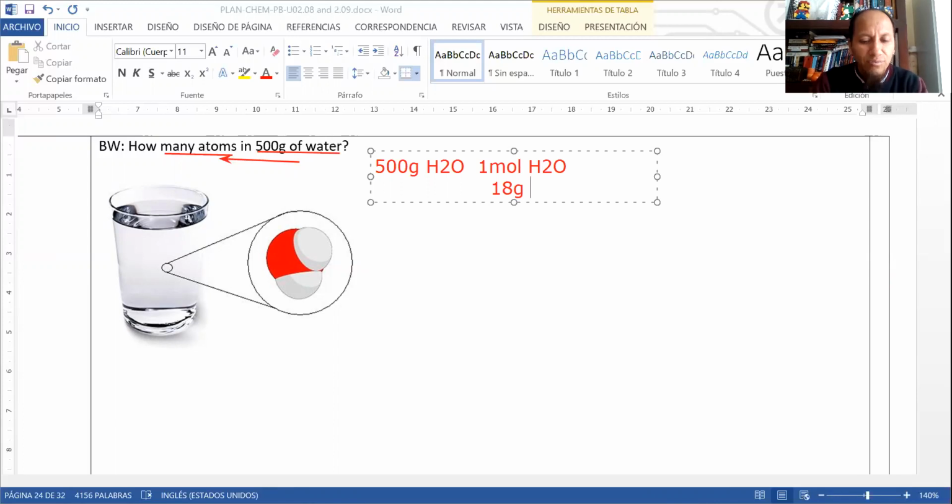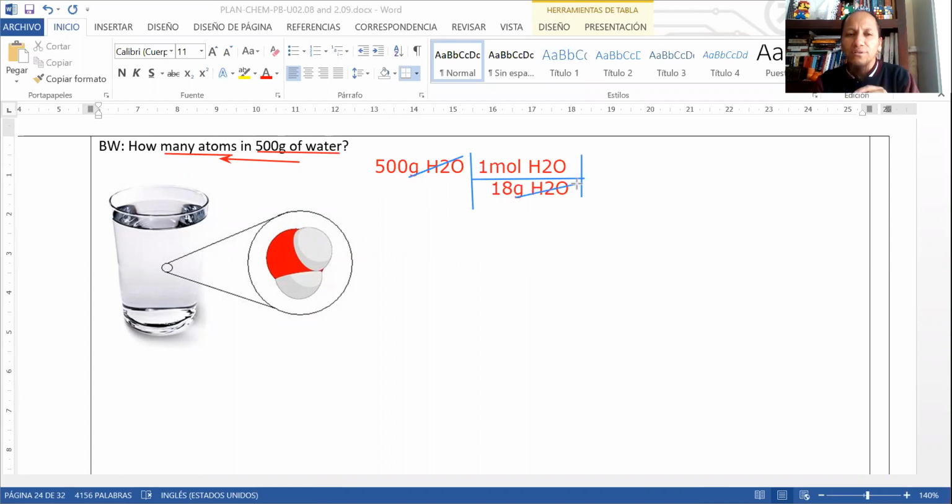And then at this moment, I'm going to use another color because I prefer it. This one, I just moved from grams to moles. If you got it, it will be checked: grams to moles.